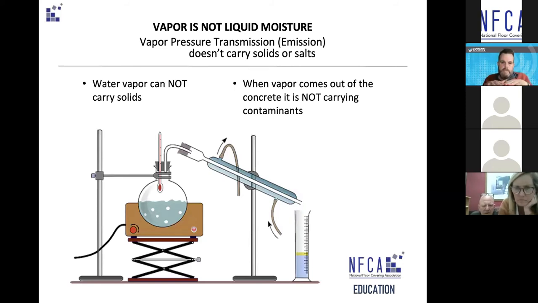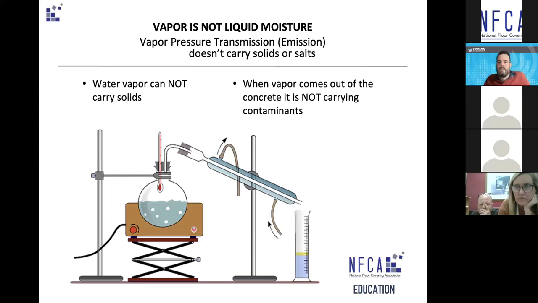So what happens is the aggregate sinks to the bottom and the salts stay near the top. And then if vapor saturates, so if you get humidity, vapor saturating into liquid water, then it can absorb those salts, and you can see the effects of that. But there's an assumption that the vapor is carrying salts, and that's incorrect.